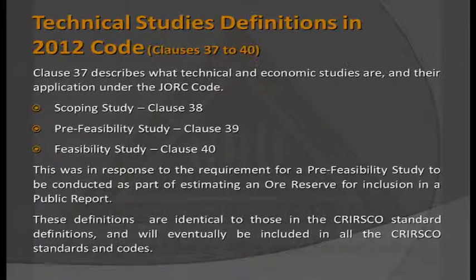And a feasibility study is more detailed and would have a reasonable option for mining under one type of study, one type of mining process. So for ore reserve estimation, it's only pre-feasibility and feasibility studies that are applicable.